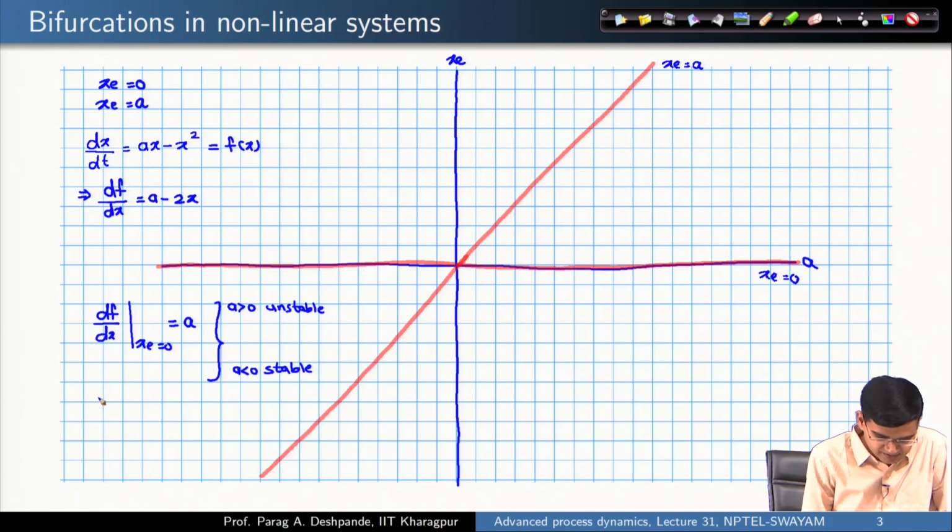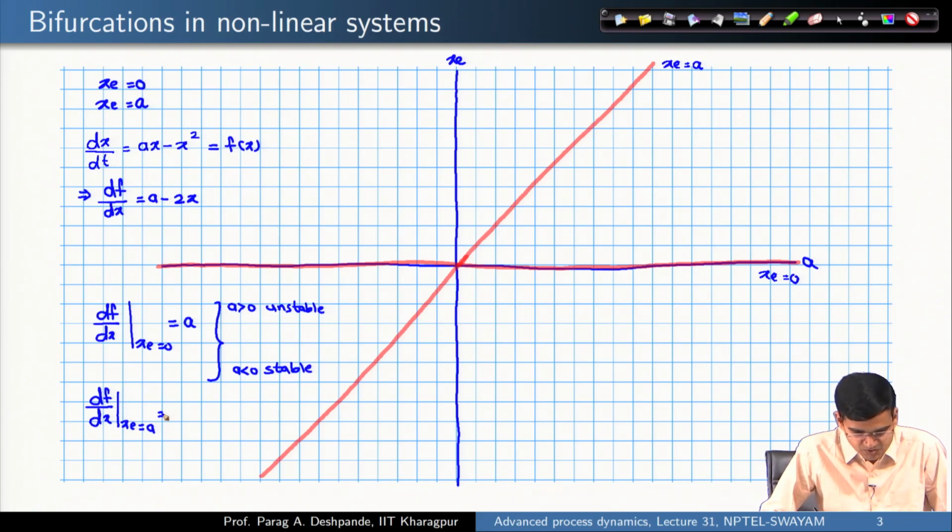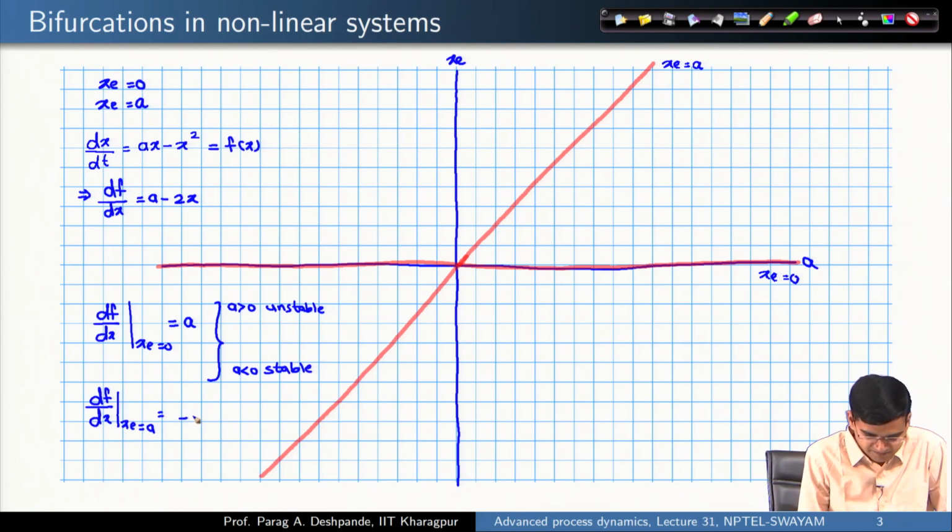Then I will determine df by dx at x e is equal to a, and this is equal to a minus 2 a, which means minus a. And for this case, for a greater than 0, I will have stable part, and for a less than 0, I will have unstable part.